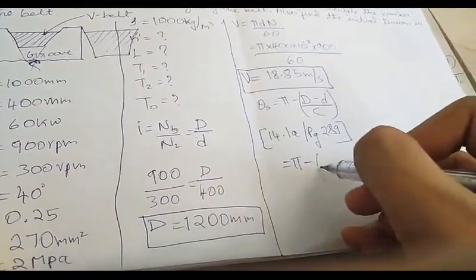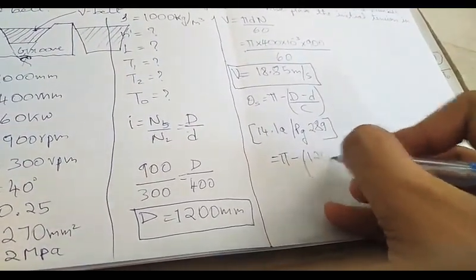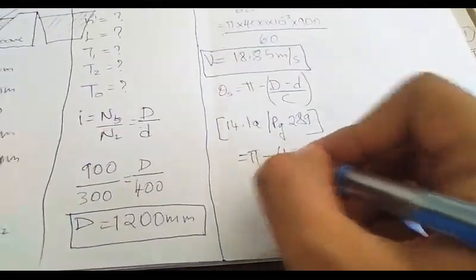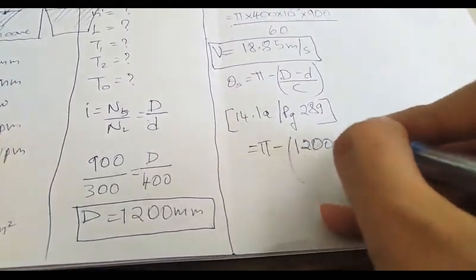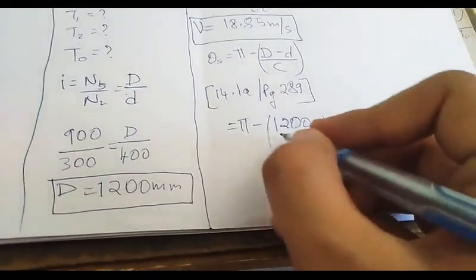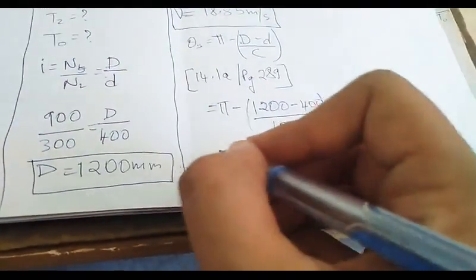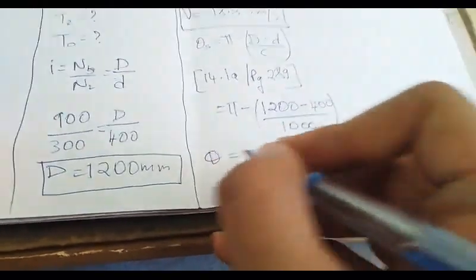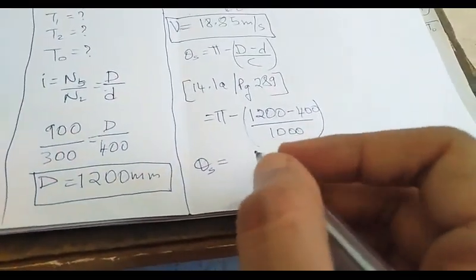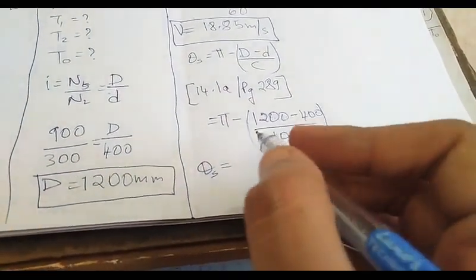Pi minus... So the angle of contact on smaller pulley theta s is 2.34 radians.